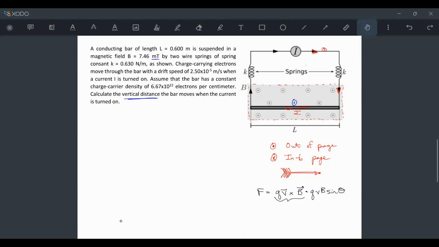What this tells us is that we can figure out the direction of F, which should be a vector, and this is what you get to do when there's a cross product. It comes about from the right-hand rule. There are a couple of different versions.